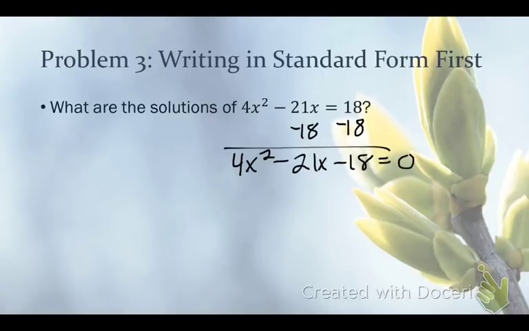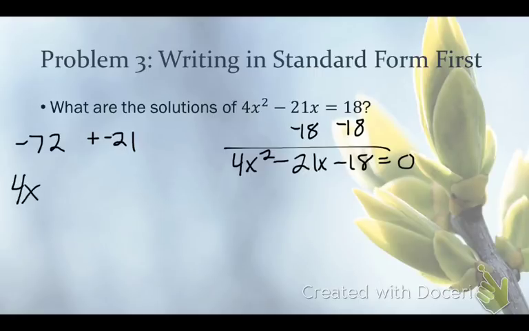As I look here, I am looking for factors of 4 times 18 is negative 72, factors of 72 that add up to equal negative 21. So as I look at that, I'm thinking about 72 divided by 2, but 36 and 2 do not equal 21. 72 divided by 3, and I have the factors of 24 and 3, so I think that that will be able to work.